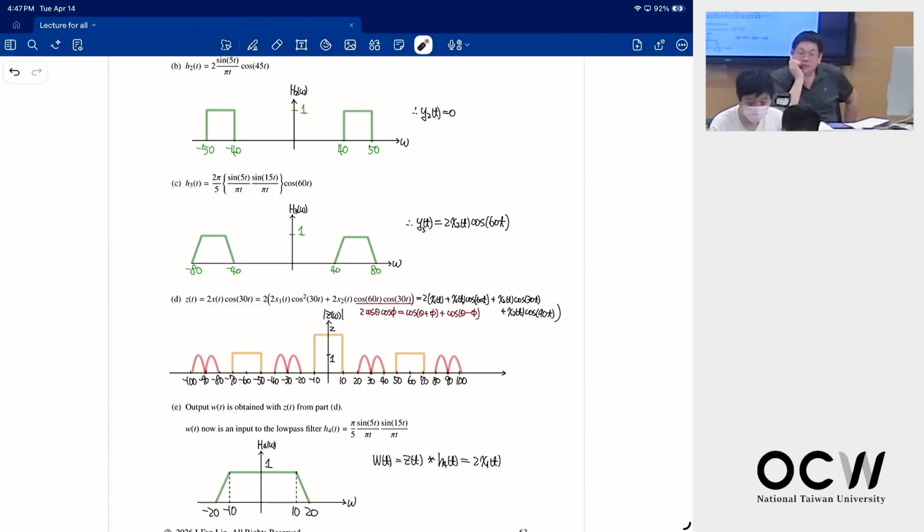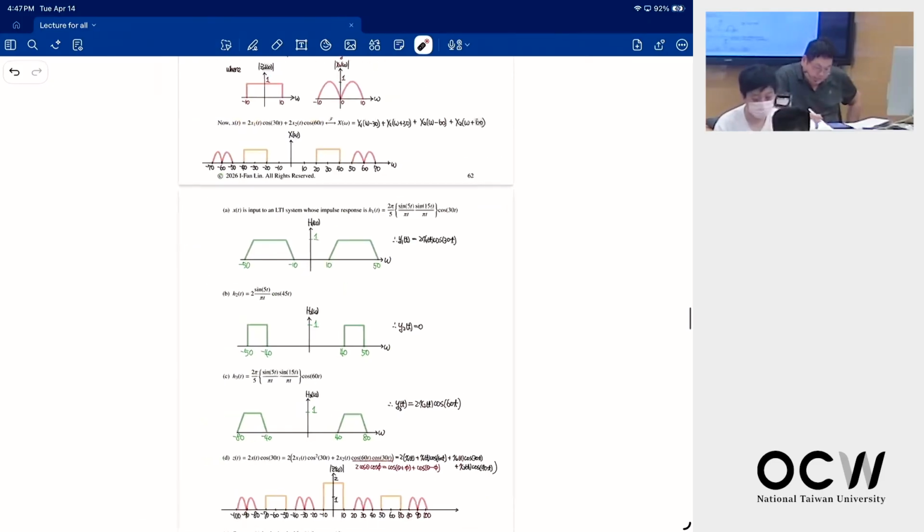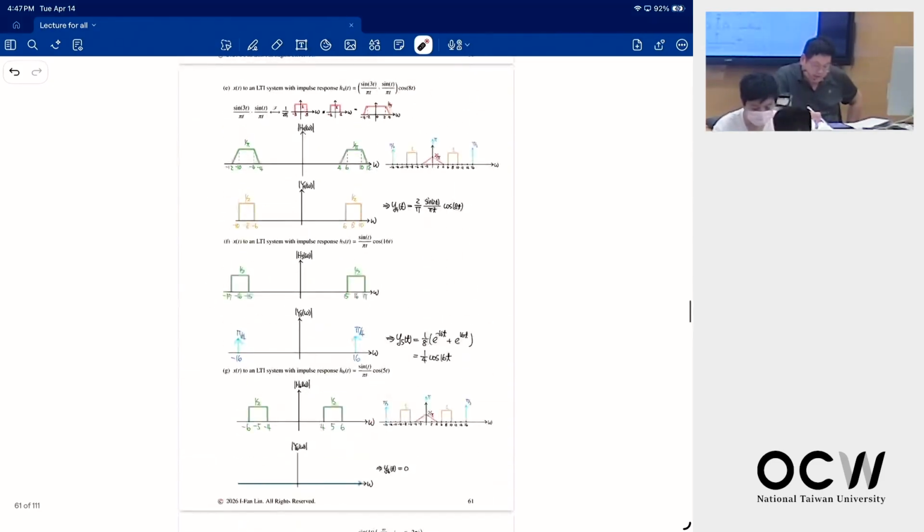We're doing the multiplication or convolution in one domain. How do we deal with that in another domain? And for those examples, you can see the different impulse responses. This is like a filter. Okay, you filter out the signals in the frequency domain.